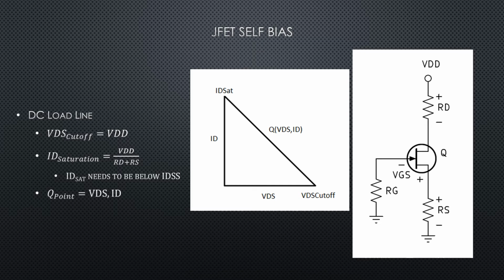Because if your ID sat was set at 11 milliamps, you would never get to your saturation current. It would bottom out at 10 milliamps, the IDSS. So you want your saturation current to be below your IDSS. And then finally, we need to check our VDS and our ID and make sure, hopefully, it's somewhere in the center of the active load line.